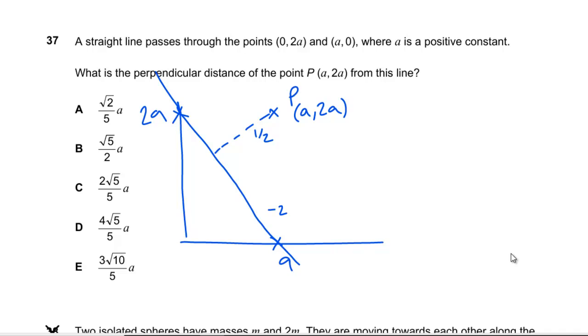So let's get the intersection. There's probably quite a few different ways you could do this. So for the first line, I've got that y is going to be -2x plus 2a. And the second line is going to be y minus 2a is equal to a half of x minus a.